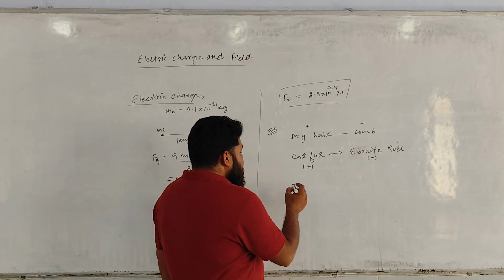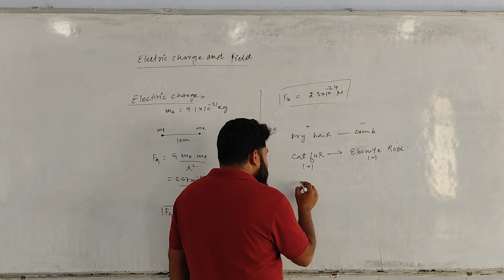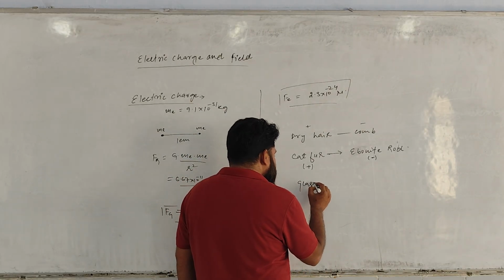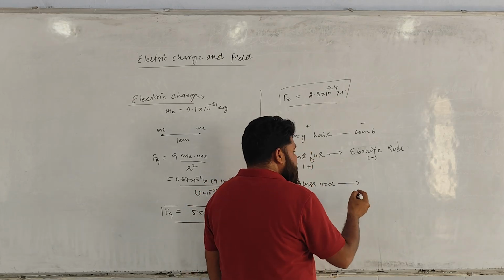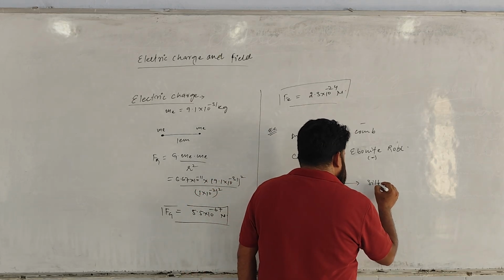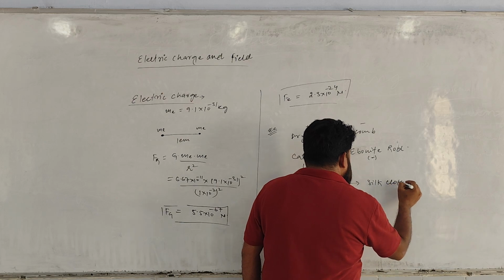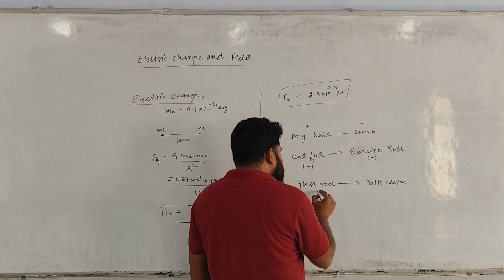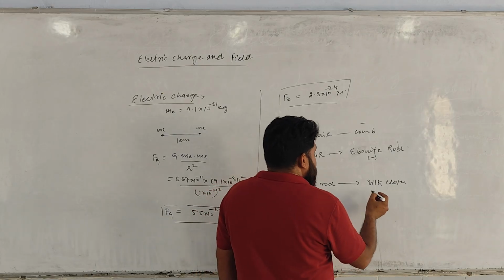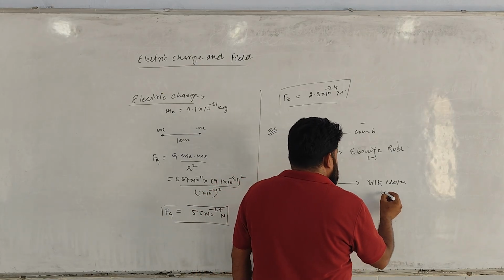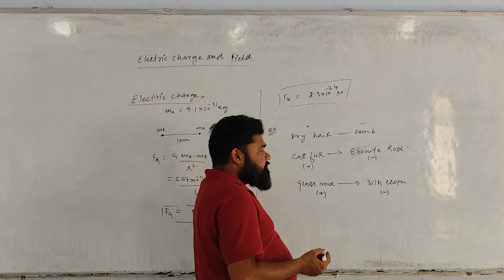One more example: when we rub a glass rod with a silk cloth, the glass rod becomes positively charged, and the silk cloth acquires a negative charge.